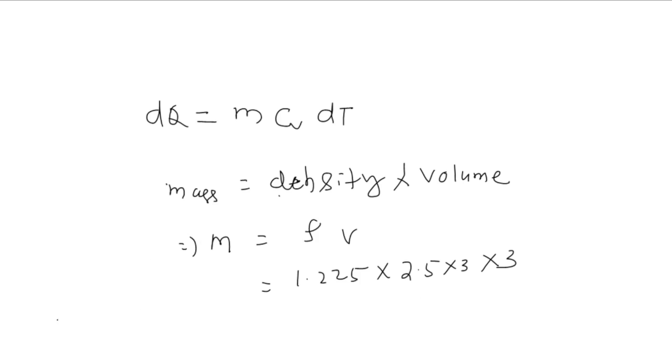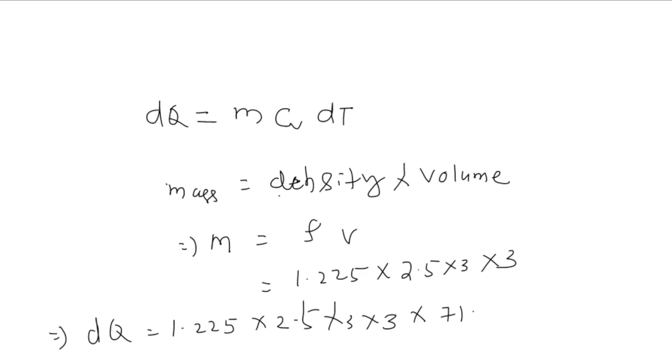So we can substitute this value in place of m. So dQ will be 1.225 into 2.5 into 3 into 3 into Cv, which is 718, and dT is final temperature minus initial temperature, which was given as 20 degree.